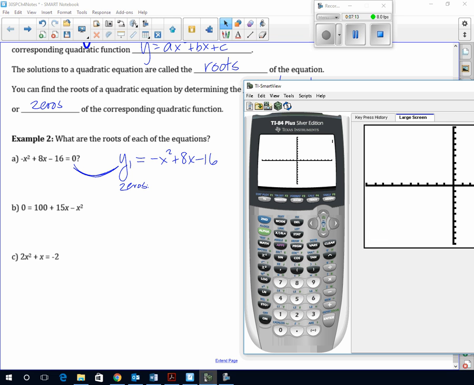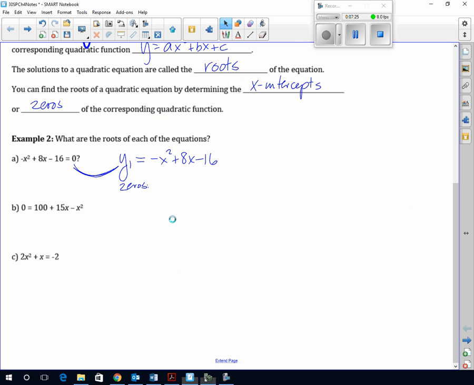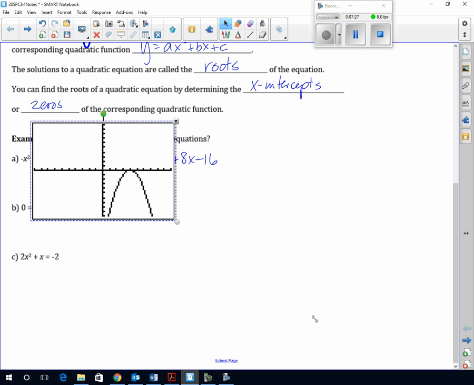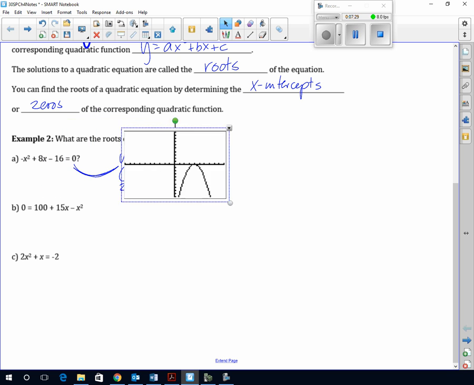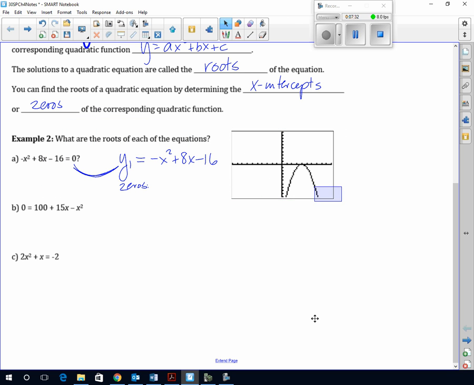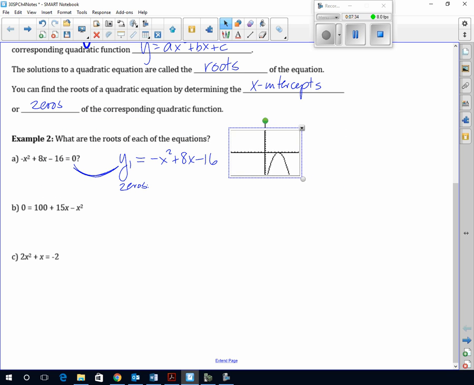Okay, so I'm just going to put this over here. Can you remember how to find the zeros? Okay, how do we find it? We go to calculate, we go to 0, and we tell the calculator to go.